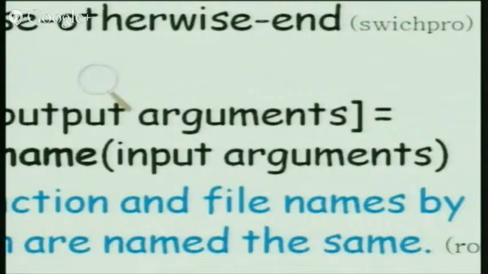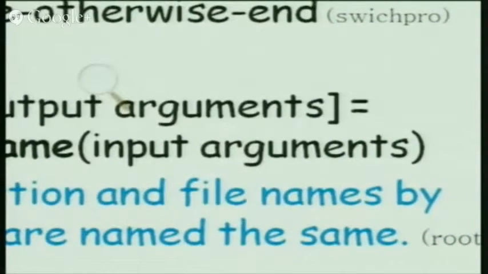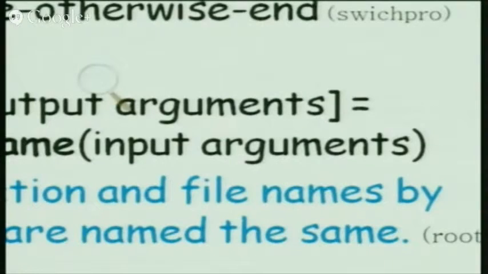The second compulsory thing here is that the function name and the file name should be the same. You save the function by the same file name as the function name. You cannot save it by any other name.